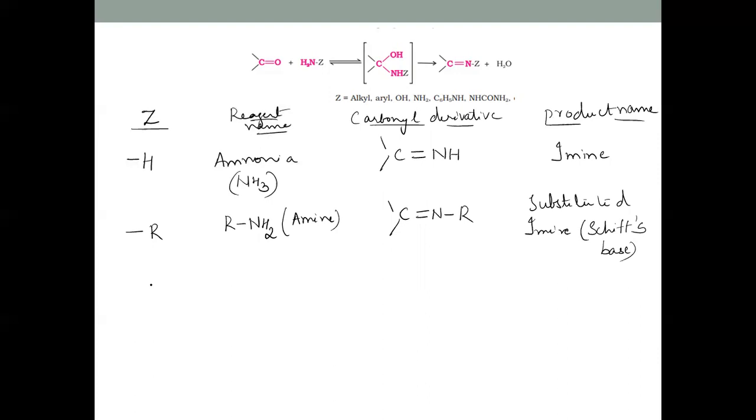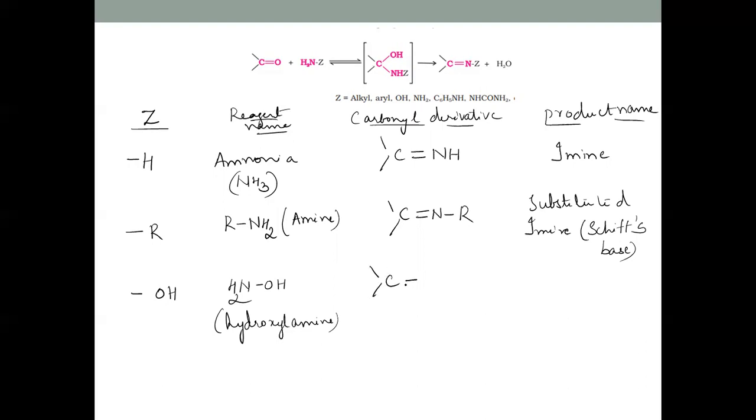If Z is OH, the reagent is NH2OH. What is this? Hydroxylamine. So what is the derivative which is formed here?